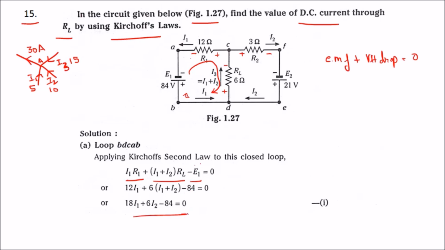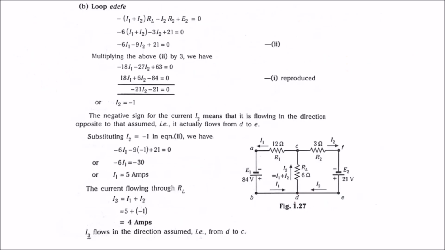So we will take it as equation 1. So we have two supplies, E2 and E1. So again we will find it for E2. Again I'll write the indication, plus minus. We will take from this direction.